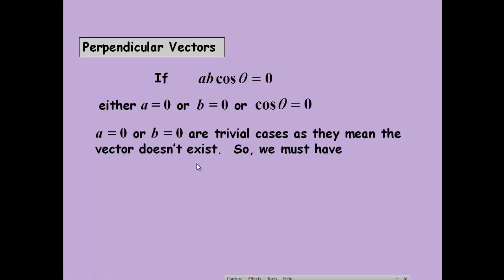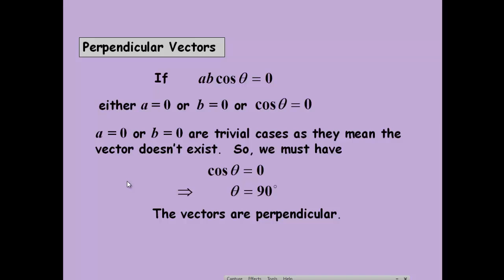It doesn't really make sense for A or B to be 0. That means the vectors don't exist. If they exist, they must have some magnitude. So that implies that cos theta must be 0. And if cos theta is 0, then theta is 90 degrees. In other words, the vectors are perpendicular to each other.